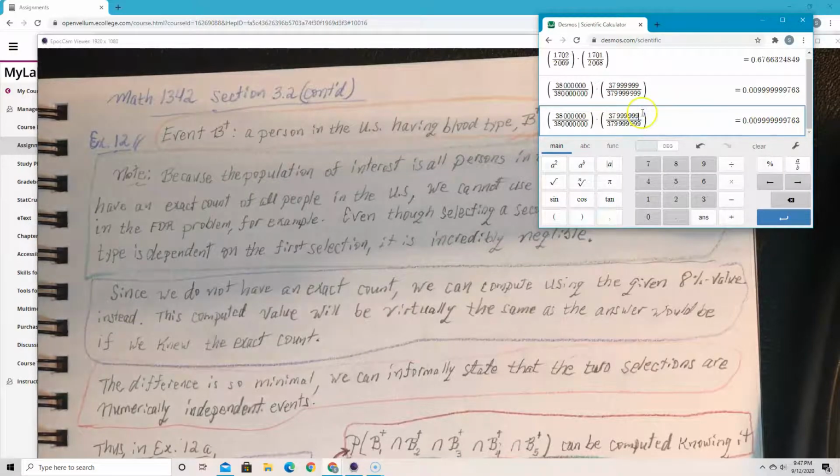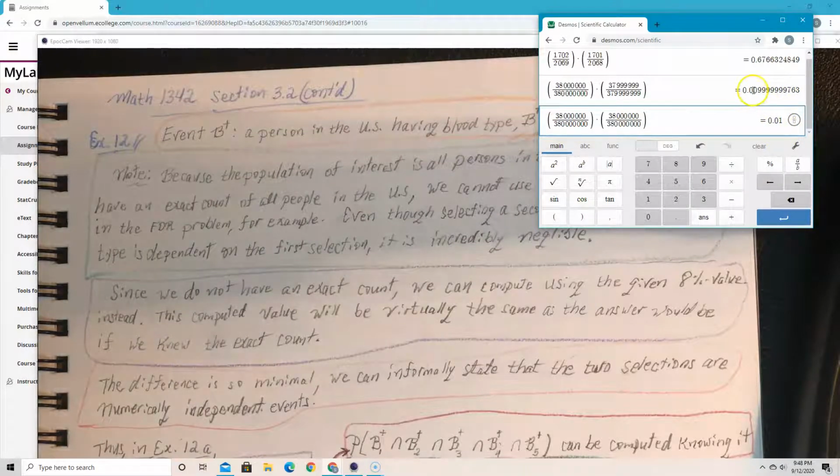So if we were just to change this to the same 38 million, so instead of 0.009999, you get 0.01.